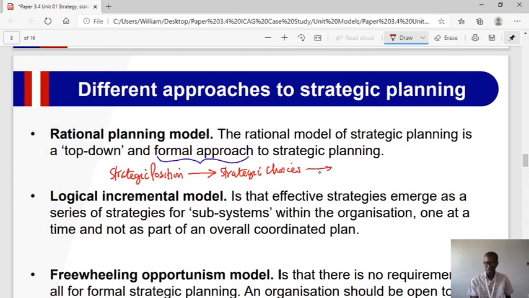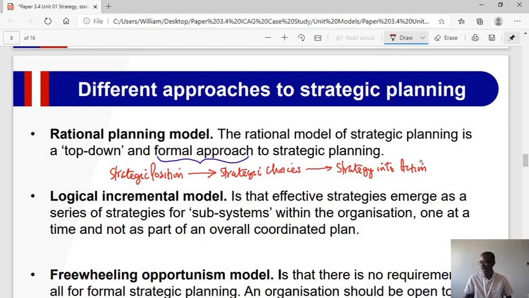Then we should finish by putting the strategy into action. So you see that this is very, very formal, well laid down steps, and each aspect of this planning will be dealt with in much detail. And even when we finish, we should look at evaluation of the strategic performance.